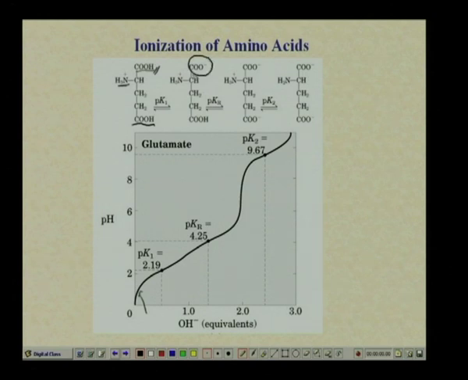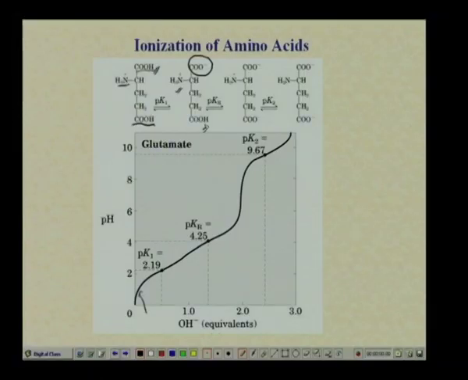So, what is the species that is being formed? It is this. This is still protonated. This is still protonated. Fine. Now, I am continuing with the titration. I still have how many more protons that I could lose? 2.